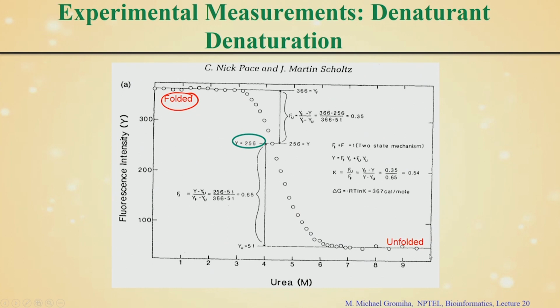In the folded state the intensity is 366, this is called YF equal to 366, and the unfolded state you can see YU equal to 51.